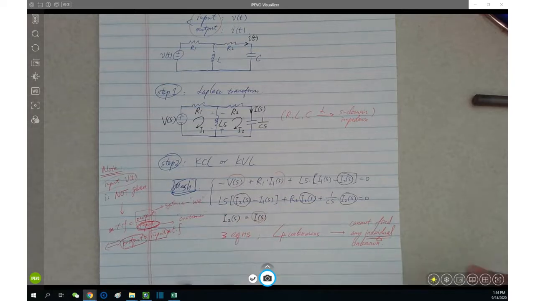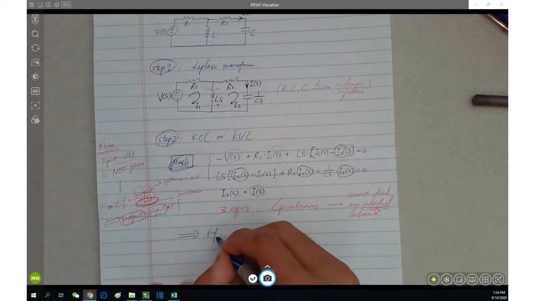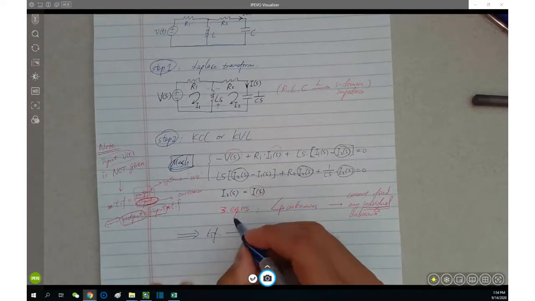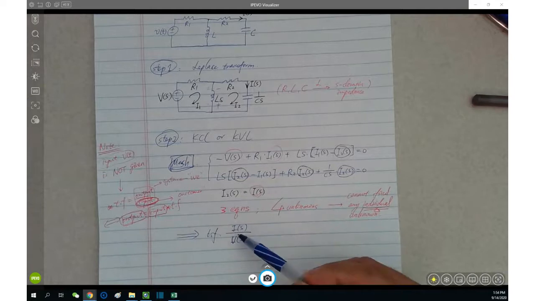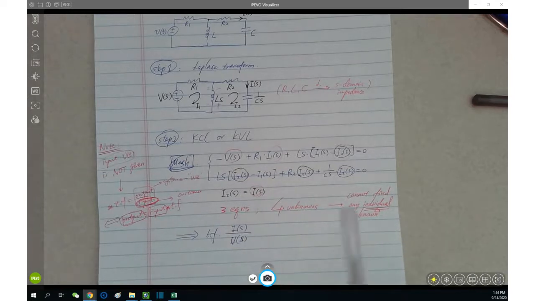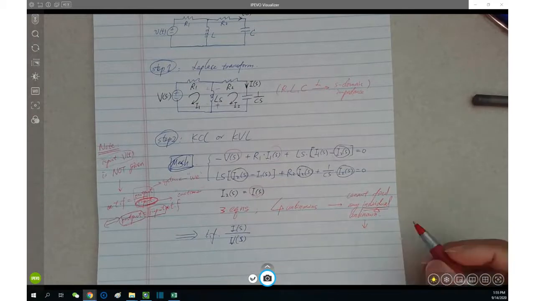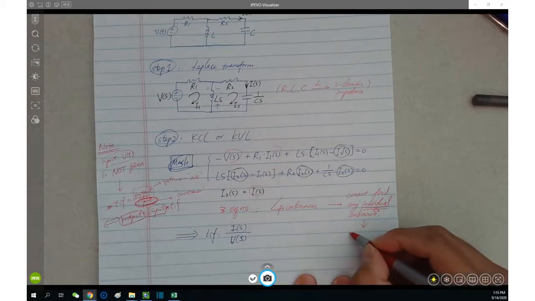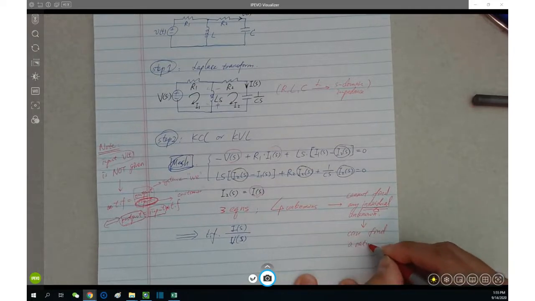Why? We can find the transfer function, which is output over input, a ratio between 2 unknowns. Mathematically, we can't find any individual one. However, we can absolutely find a ratio between any 2 of them.